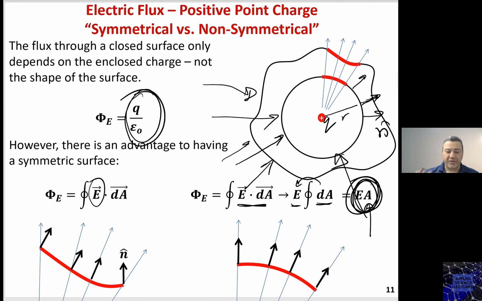Well, I know that the surface integral over a spherical shape will result in the area of a sphere. So right away, A, which is the closed surface integral of dA for the sphere, is 4 pi r squared.